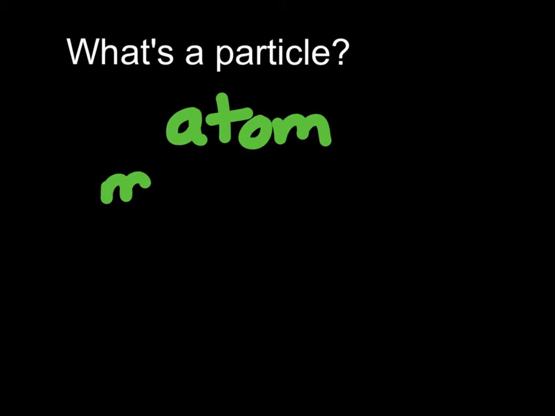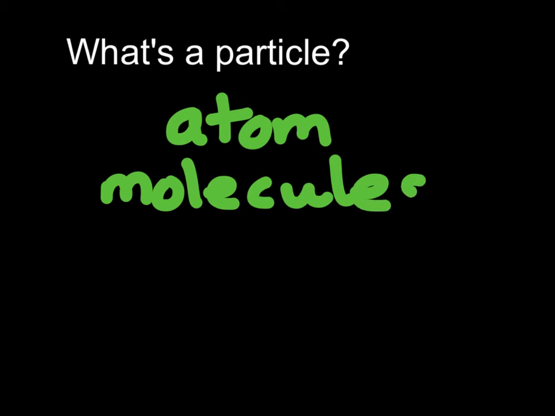Take a second to consider what I mean when I say the word particle. I could mean a couple of different things, and it doesn't really matter for this unit. I could be referring to a single atom, or I could be referring to a group of atoms that are bonded together, and we call those molecules. Both atoms and molecules can be represented as single circles.